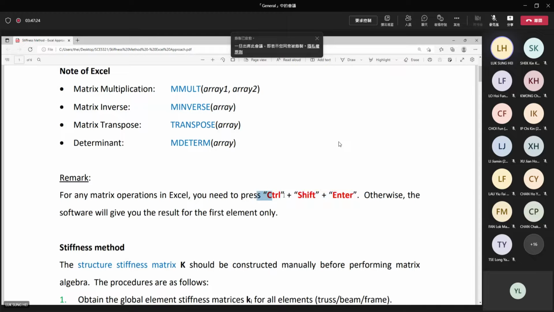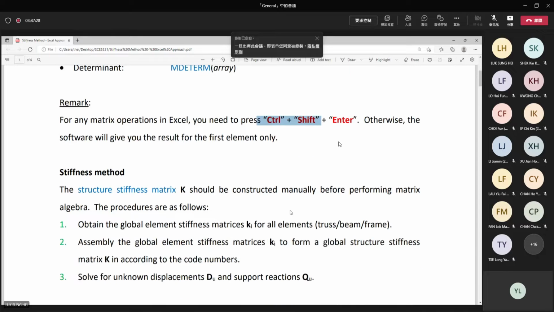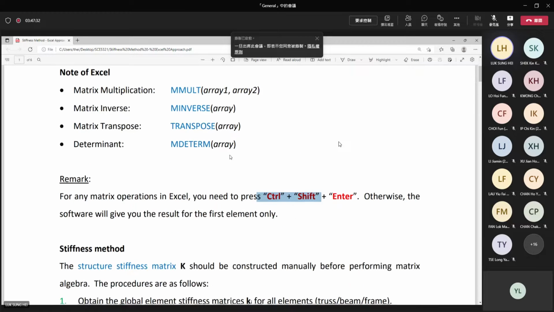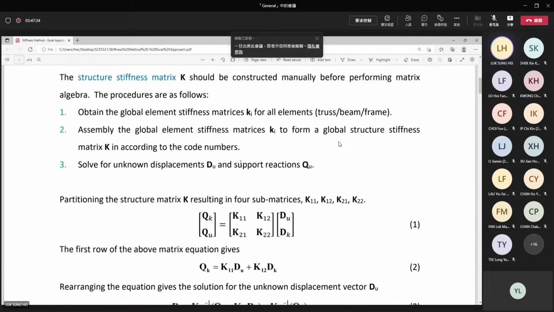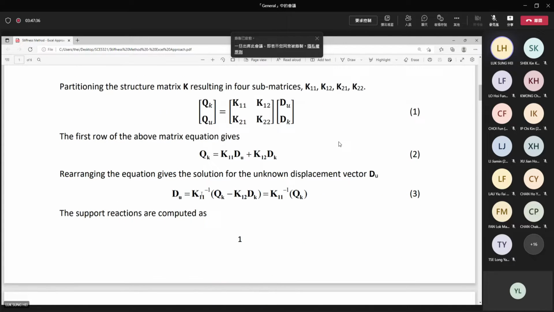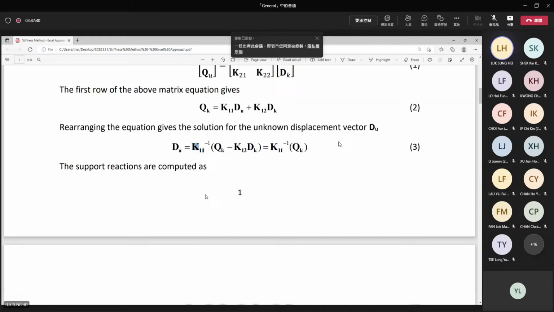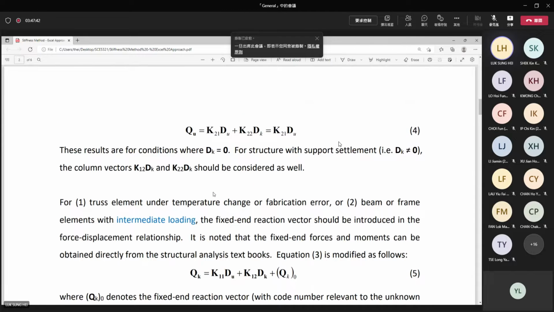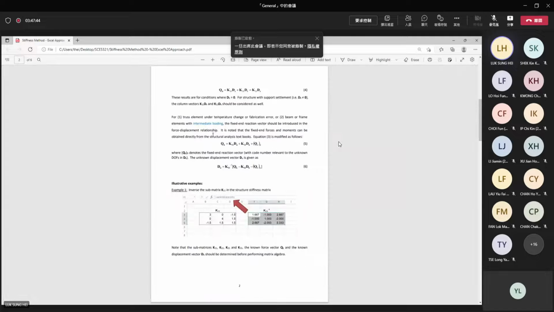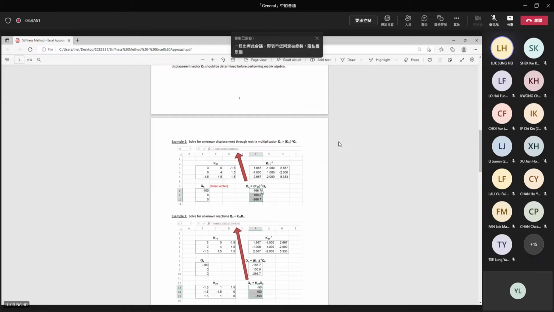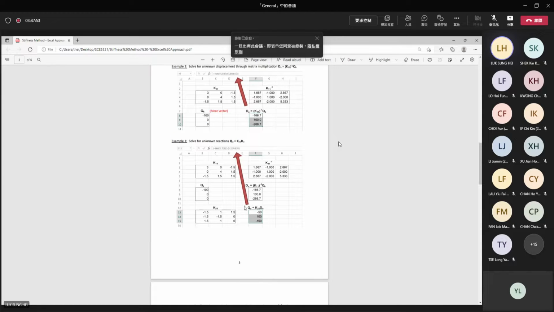Normally, I will press Control and Shift first, and then press Enter. If you're interested in using Excel, then maybe you can have a look at this document. I showed you those important things: how to get the inverse matrix, how to do matrix multiplications. This document also shows you some examples of how to do matrix inverse and matrix multiplications.